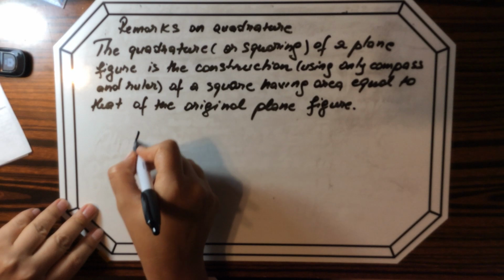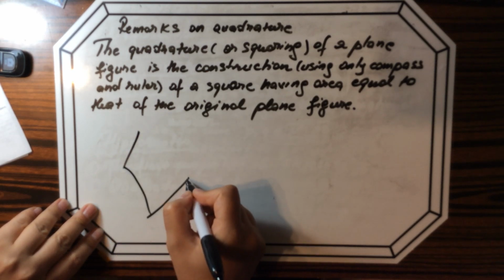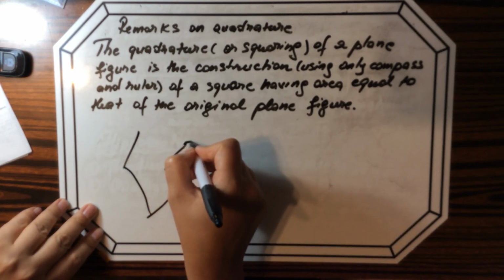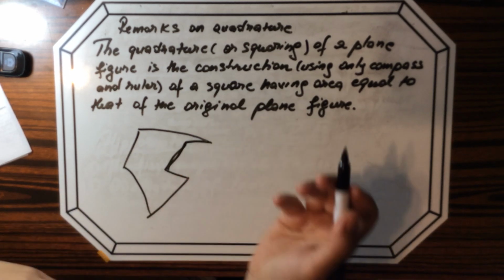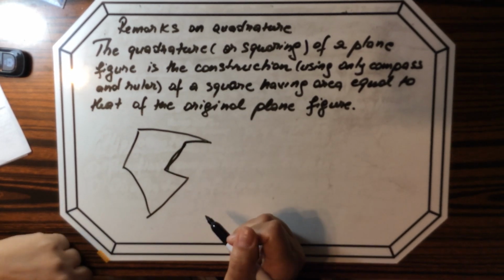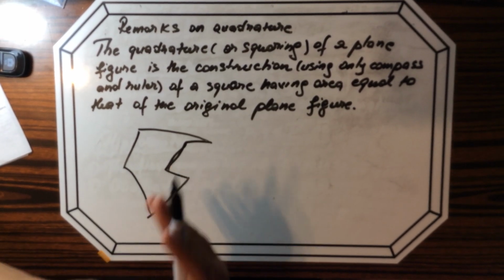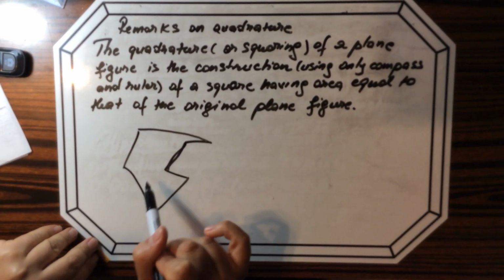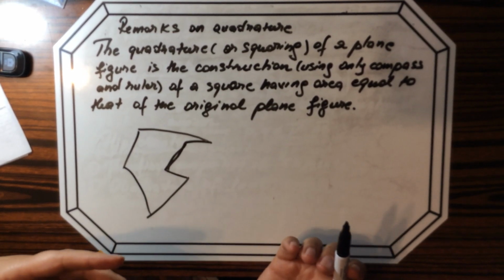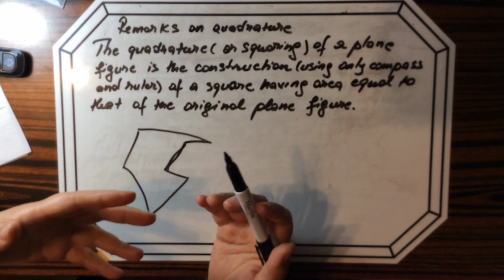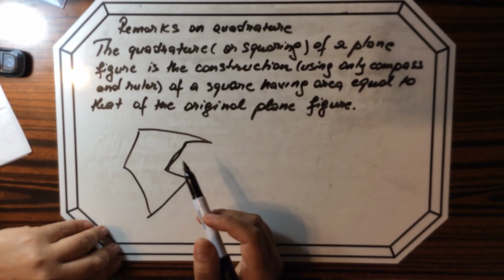For example, if you have something that looks like this, and you want to find the area of it, if you could build a square that would have exactly the area of this, then you're done, because you know how to compute the area of a square.